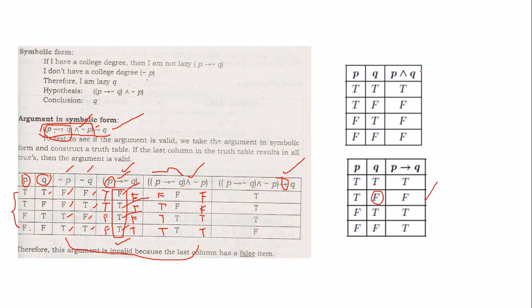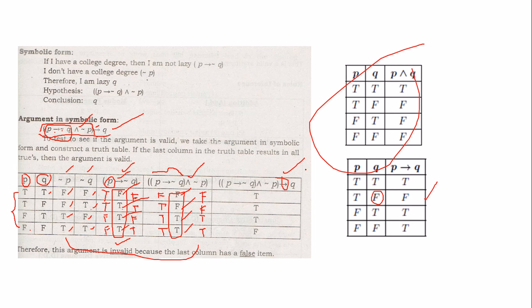This is a conjunction, so the statement is true only if both are true. False, false, false. True, false, again false. True, true, both are true. So that is why we have this.